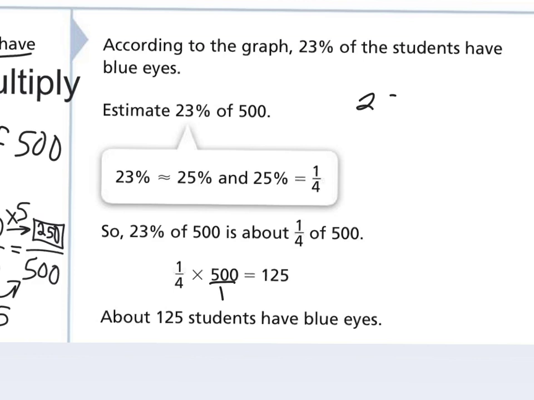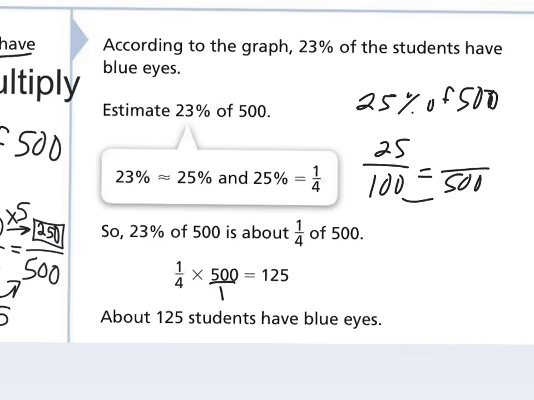Once again, another option you could have if you went with 25%: 25% we know is 25 out of 100. So same thing, to get out of 500 we need to multiply by 5.